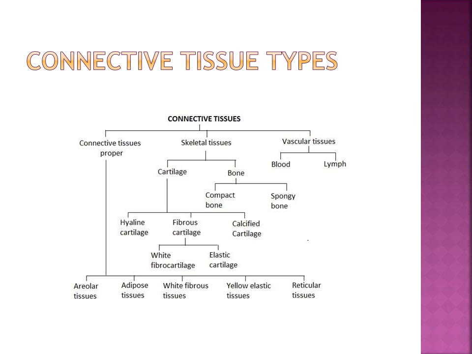Elastic connective tissues contain a high proportion of elastic fibers. It allows recoil of the tissue following stretching. It maintains the pulsatile flow of blood through the arteries and passive recoil of the lungs following inspiration. They are found in the walls of large arteries, ligaments associated with the vertebral column and within the walls of the bronchial tube.